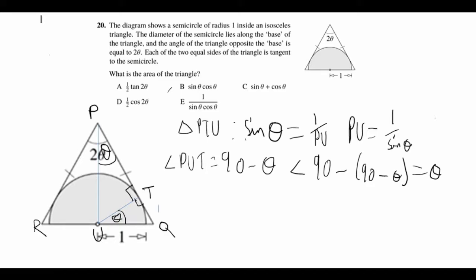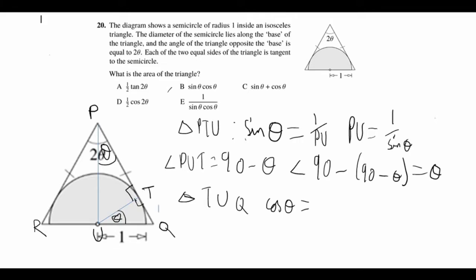So if we now consider the triangle TUQ, using cos, we can say that cos theta is equal to TU divided by UQ, which is the adjacent over the hypotenuse.